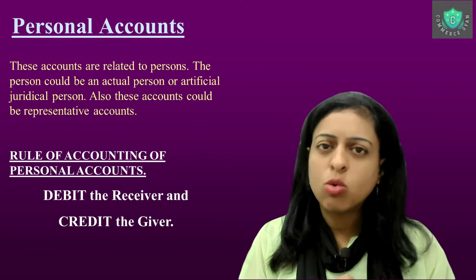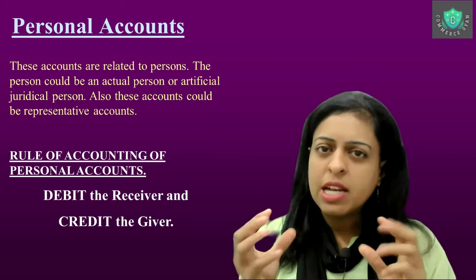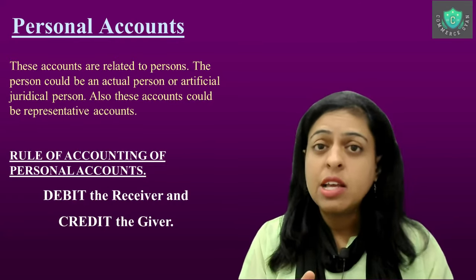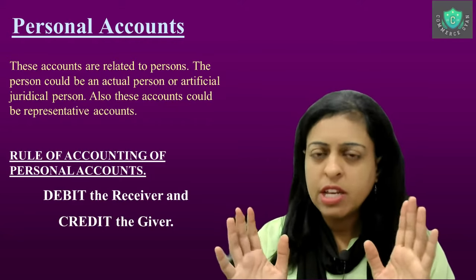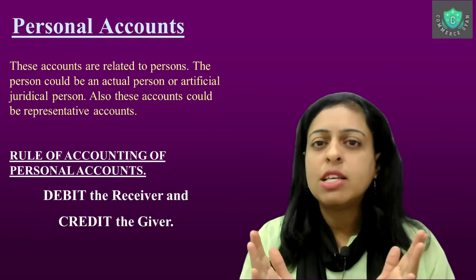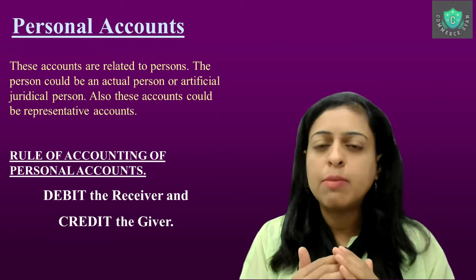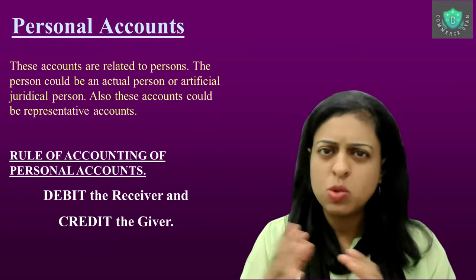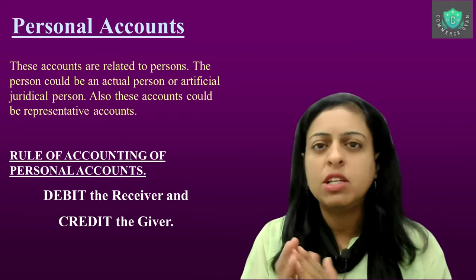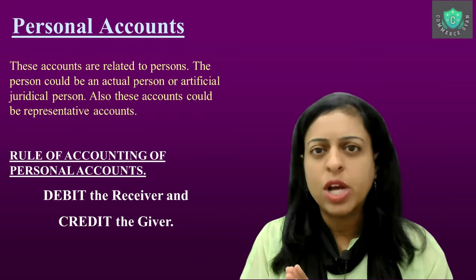In this dual aspect, what do we have? We have debits and credits. And we said that every debit will equal a credit. Now, it's not necessary that all the debits and all the credits will be of the same account, that is personal account. You will get it when we solve the examples. Don't get confused right now.